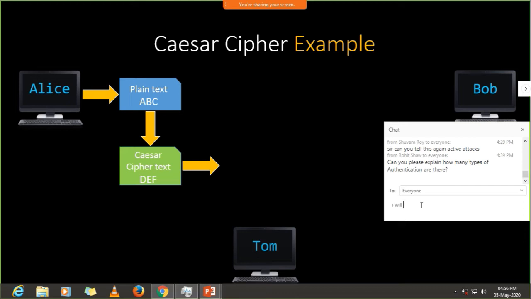Actually, this is totally part of ethical hacking. So in this session, we will not discuss ethical hacking, the dark web and masquerade attacks. Okay, sir, I got it.